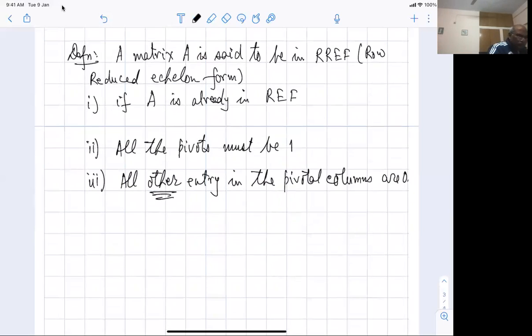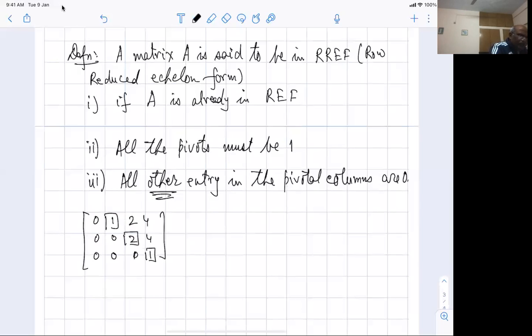Example: the matrix with rows 0, 1, 2, 4; 0, 0, 2, 4; 0, 0, 0, 1. If I look at this, these are the pivots, and I get this staircase also.